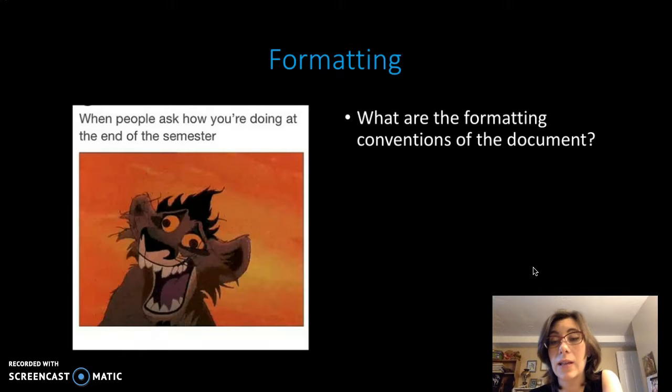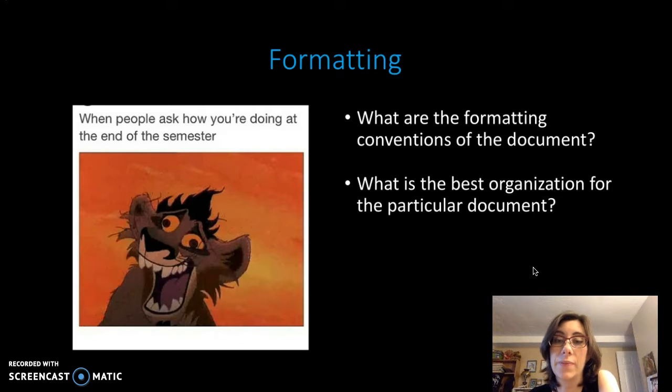You want it to be immediately recognizable. It's the same as showing up to an interview in a suit. You don't want to show up to an interview in sweatpants, just like you don't want your letter to look sloppy, or like a memo, okay, or an email even. You want to make sure it fits the convention.